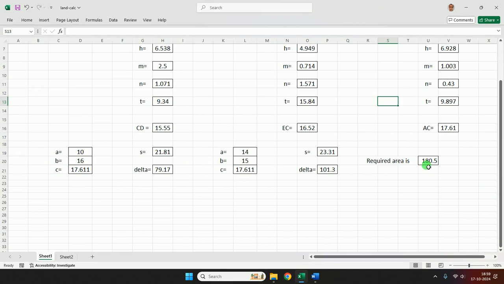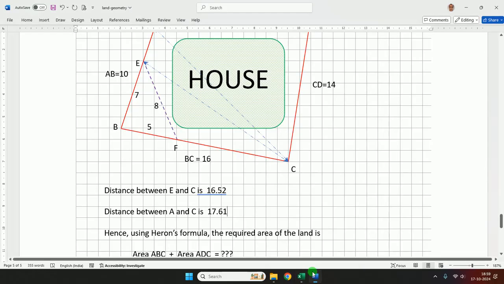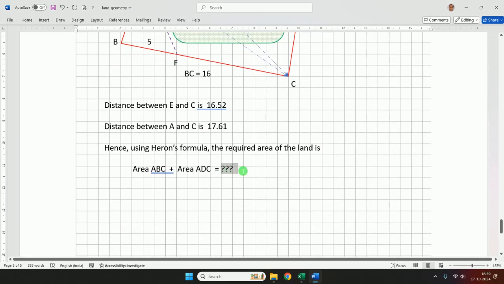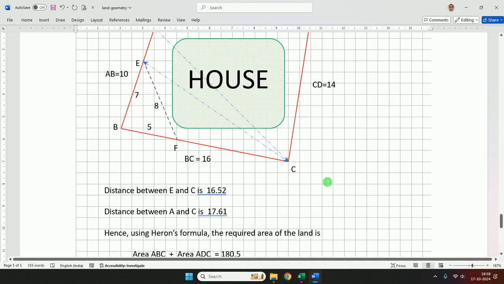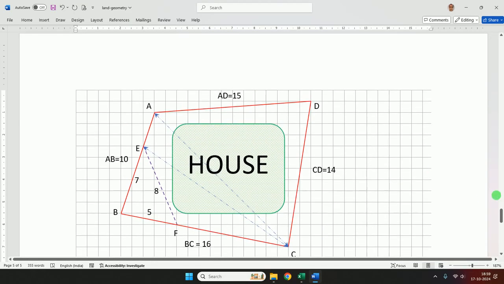It is 180.5, using Heron's formula. So that is how you can calculate it.